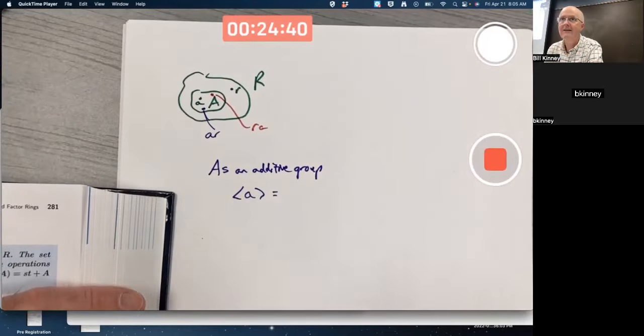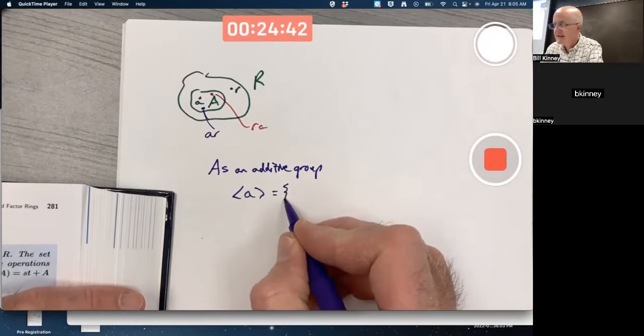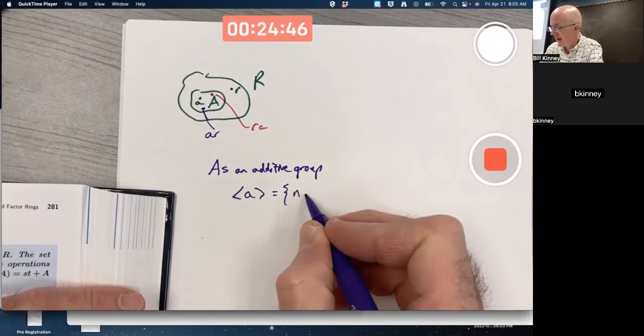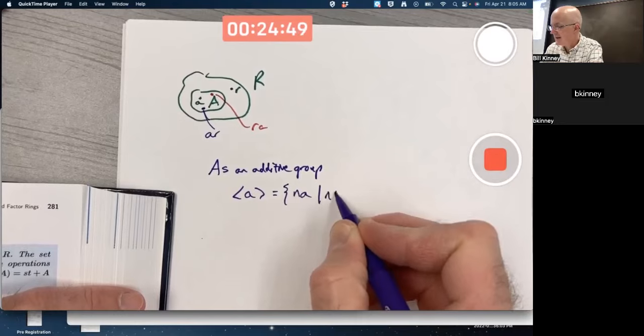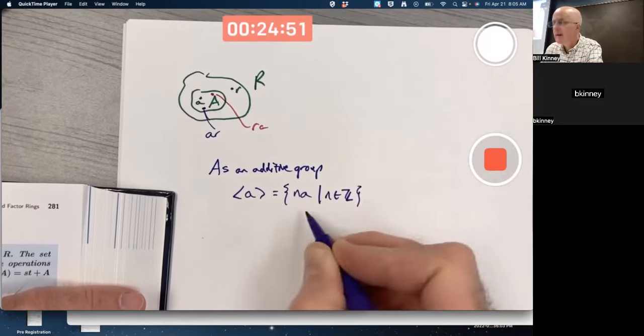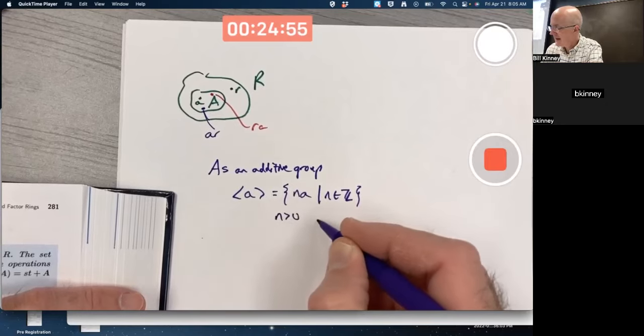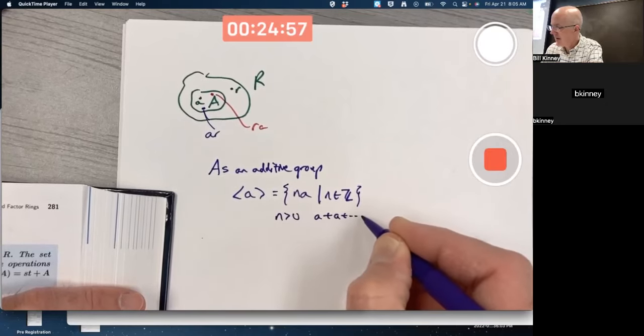And because of the additive notation, instead of saying this is all powers of a, you'd say it's all multiples of a, n times a, where n is an integer. If n is positive, it would mean a added to itself n times.